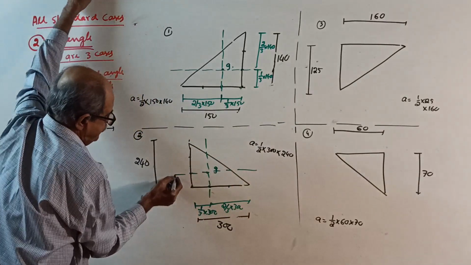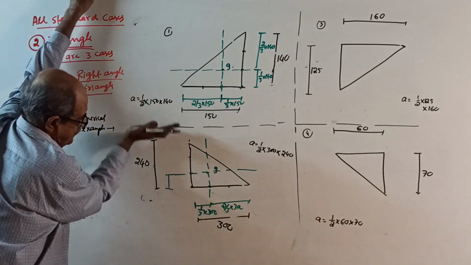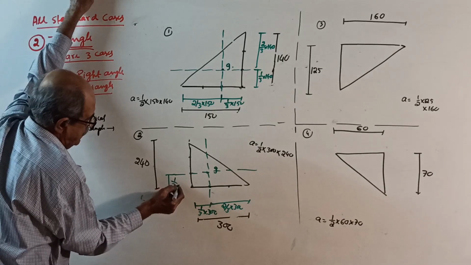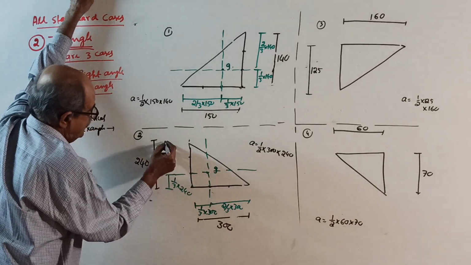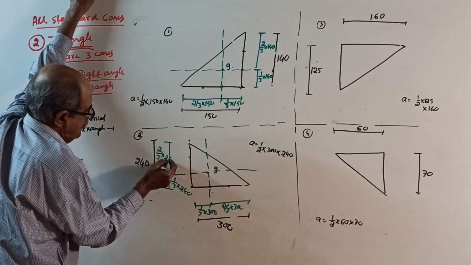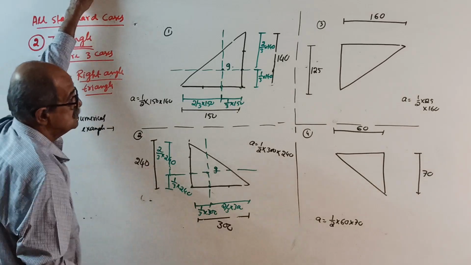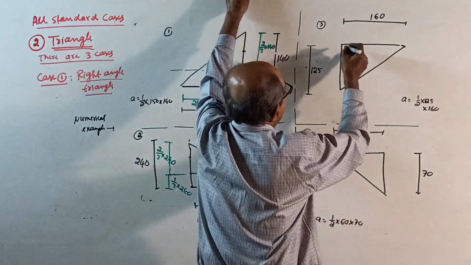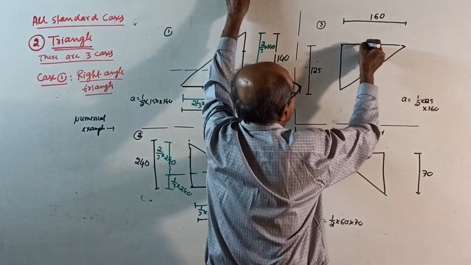This way, this distance is 1 by 3 of 240, this one 2 by 3 of 240. Okay, hope it is visible for you. Space problem is there here. 90 degree here.